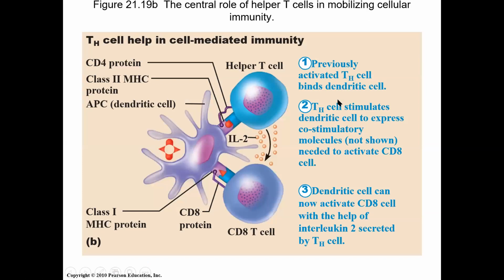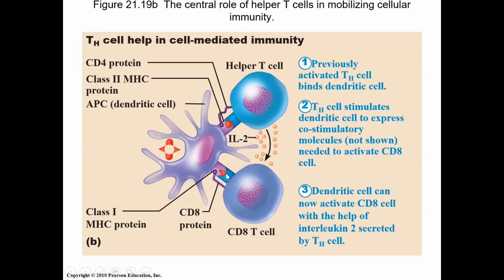Okay, this gives you another review slide. In this case, you see this is a macrophage, and this is a T killer cell. How can we have a T killer cell on the macrophage? T killer cell only binds to MHC1. Does the macrophage have MHC1?